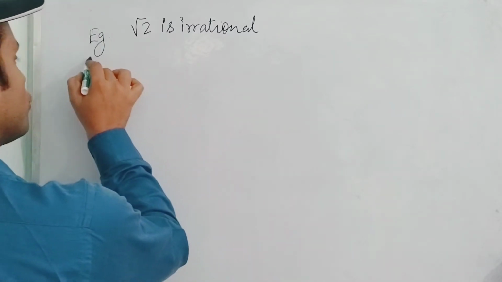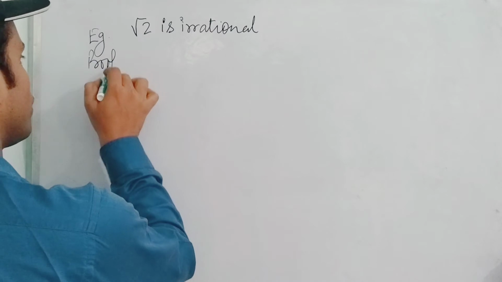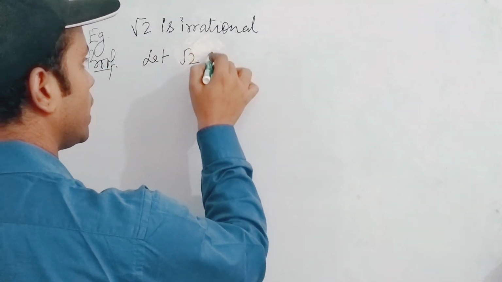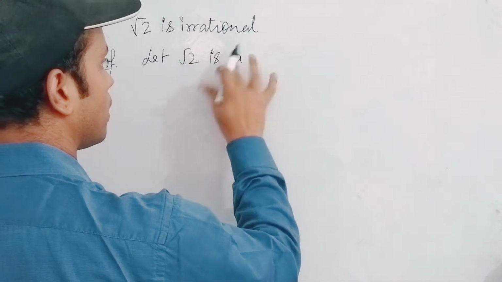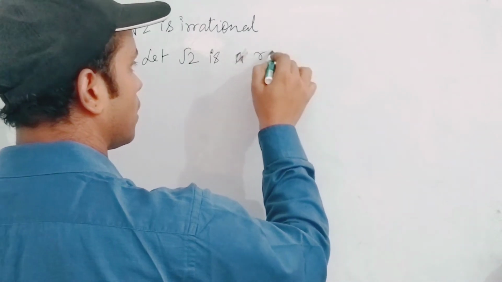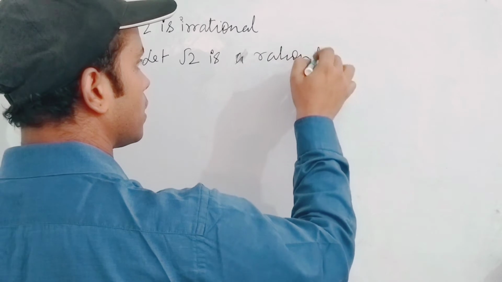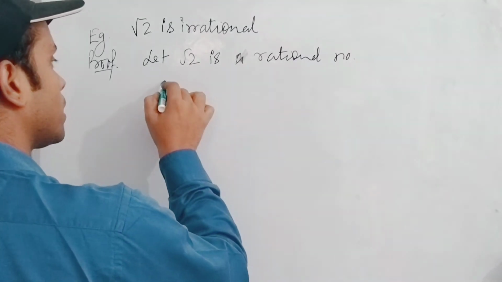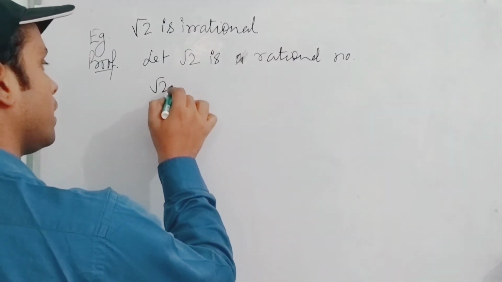Now how to prove this? So first we assume that root 2 is what? Let us consider root 2 is a rational number. So if root 2 is a rational number, you know that every rational number can be written in the form of p by q.